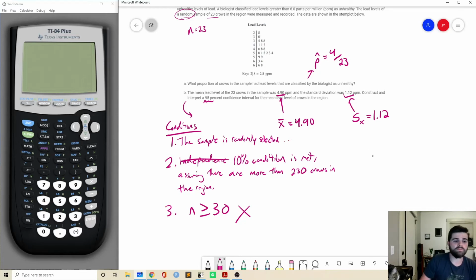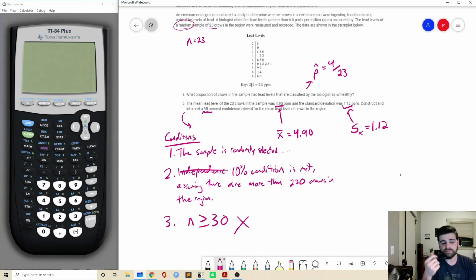But we saw that when we actually looked at the sampling distributions of sample means, of X bars, that if the population started out pretty normal, then we actually didn't need to meet this condition. The sampling distribution would be normal even with really small samples.